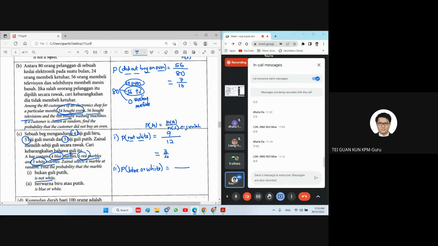So formulanya apa? Probability of A equal to numbers of A divide total. Totalnya masih lagi 12 lah. Blue or white? Okay, blue or white? Blue ada berapa? How many blue marbles?